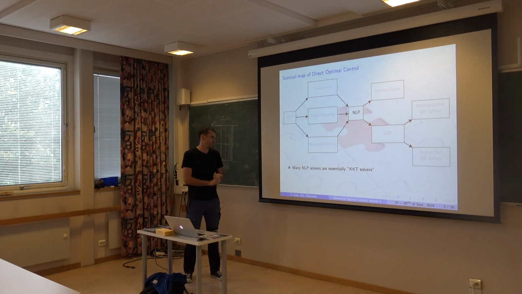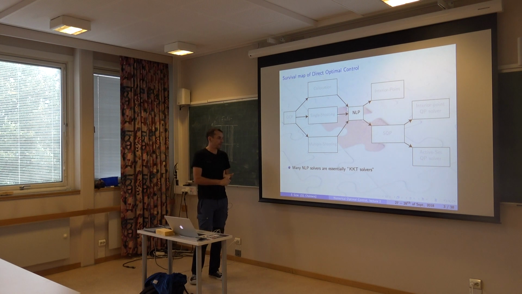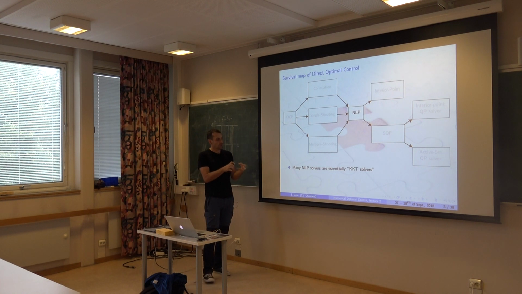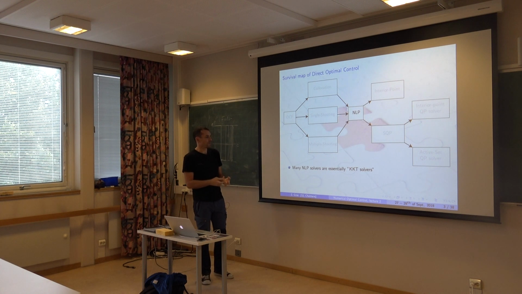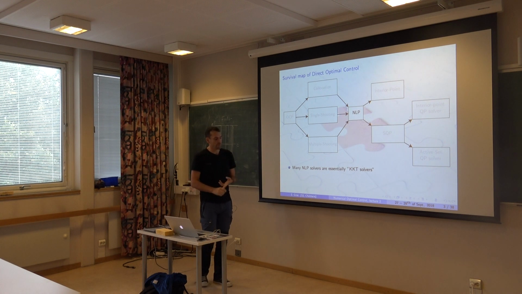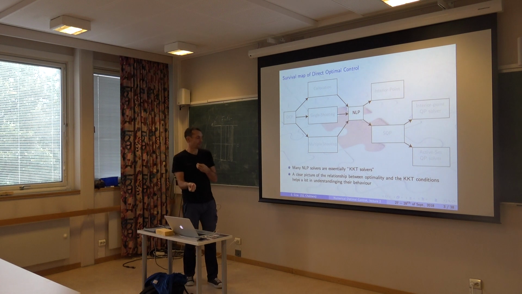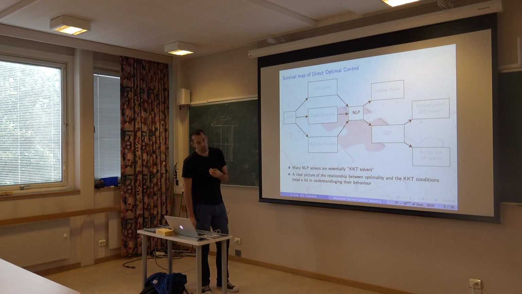So NLP solvers are essentially KKT solvers. They basically work on these equations and try to find a solution to them. And if you have a clear picture between what it means to have an optimal solution and what it means to have KKT conditions satisfied, then you understand much better what's happening.